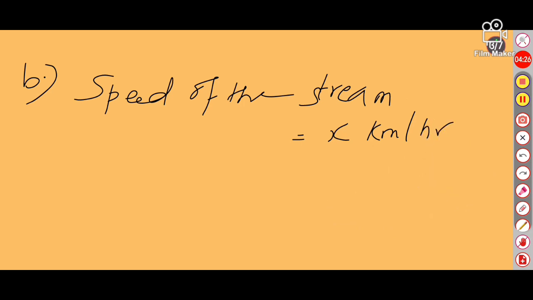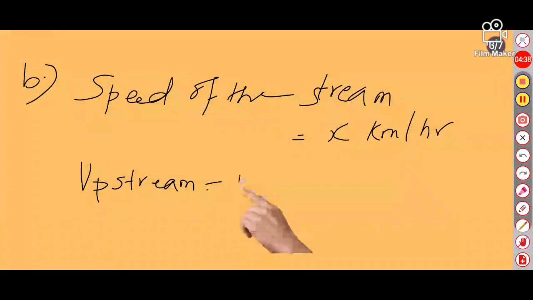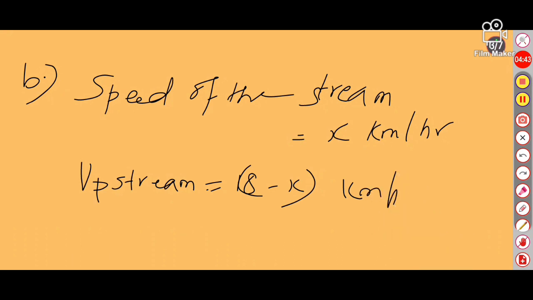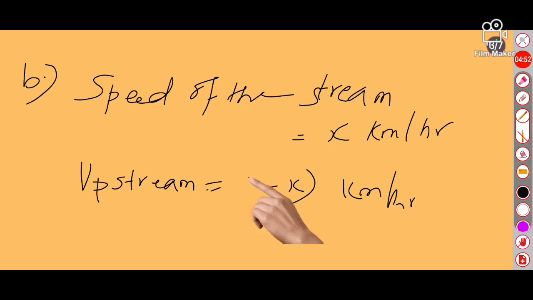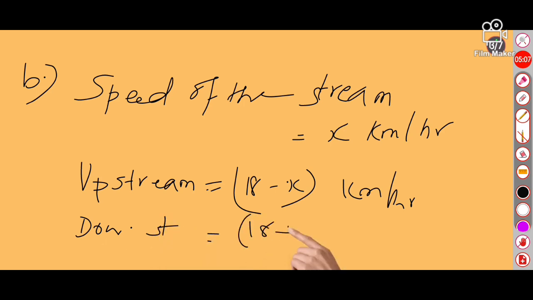The motorboat speed is 18 km per hour. So when the boat goes upstream, it will be 18 minus x kilometer per hour. When it comes downstream, it becomes 18 plus x kilometer per hour.